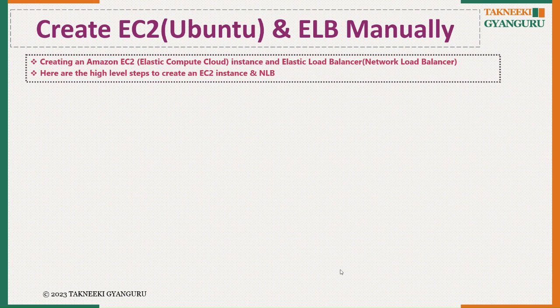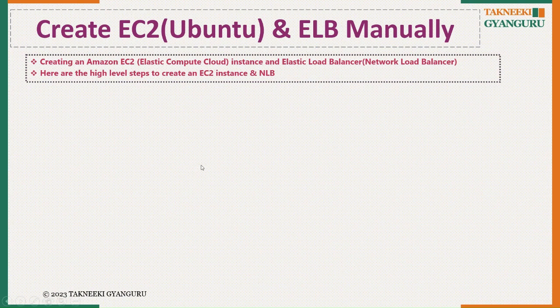Elastic load balancer has multiple types. AWS provides the classic load balancer, application load balancer, and network load balancer. We'll talk about the network load balancer here. We will not compare all three, but we will implement only the network load balancer today.